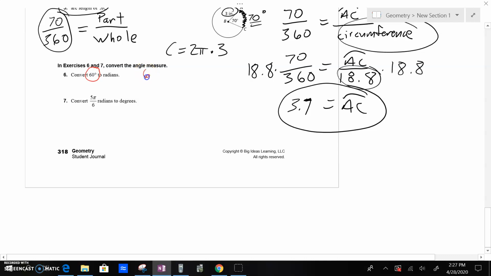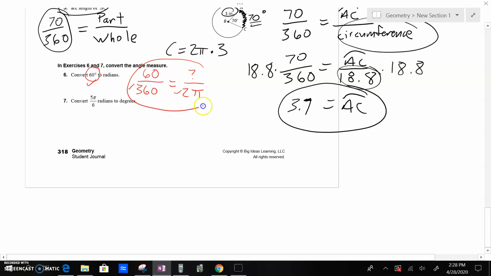I just say, okay, part 60 divided by whole 360 equals part, which I don't know, divided by 2 pi. You're always going to have the 360 and the 2 pi on the bottom. Those are always the wholes. There's always 360 degrees, and there's always 2 pi radians. And then you're going to be given one, in this case the 60, and you're going to look for the other one.